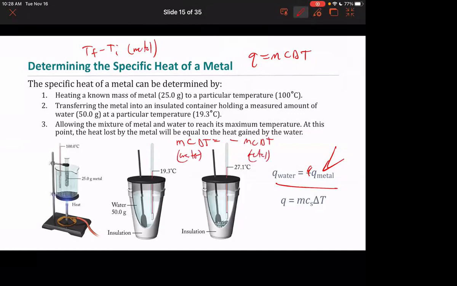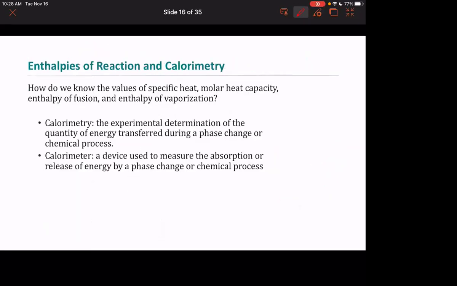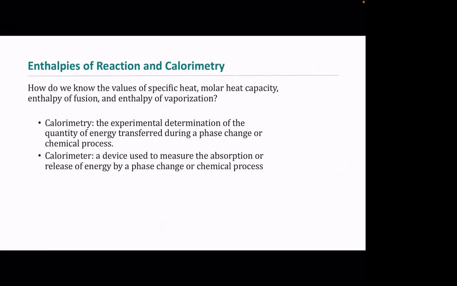And you put in your T final for the metal being less, right? That's going to get rid of the negative sign. You're going to solve it like that. It's just not the way I choose to do it. Questions?